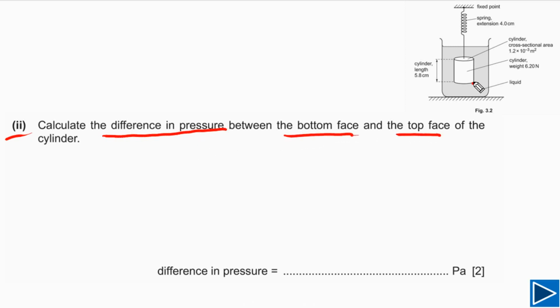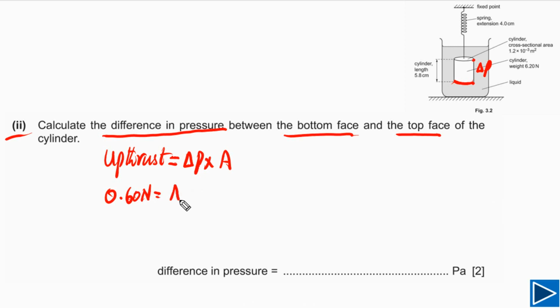For second part, we need to calculate the difference in pressure between the bottom face and the top face. Mean between this face and this face, we need to find the value of delta P. For this question, we have already calculated upthrust, and upthrust is simply equal to delta P times cross-sectional area, means the cross-sectional area of this cylinder. Upthrust we have already calculated, that is 0.60 newtons, and delta P we need to find out.